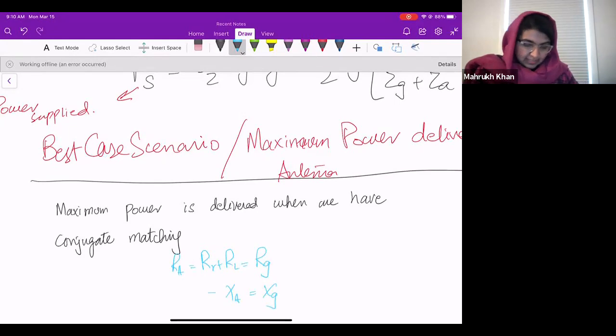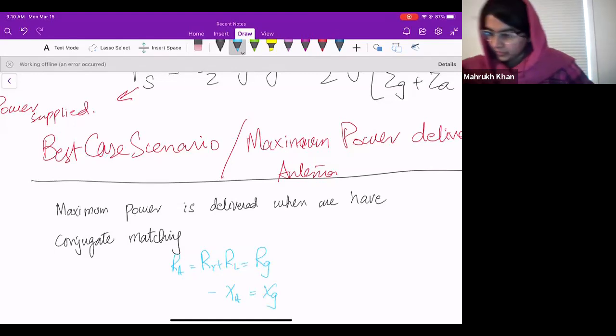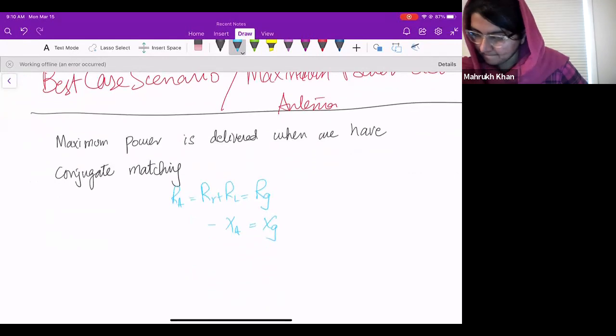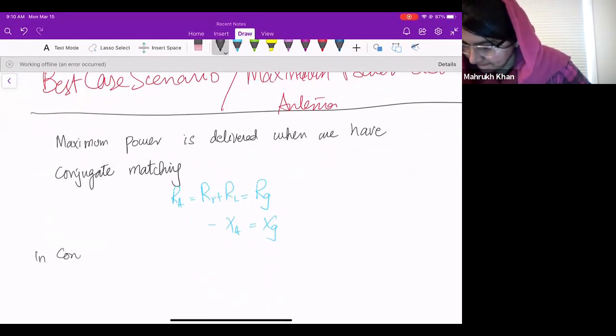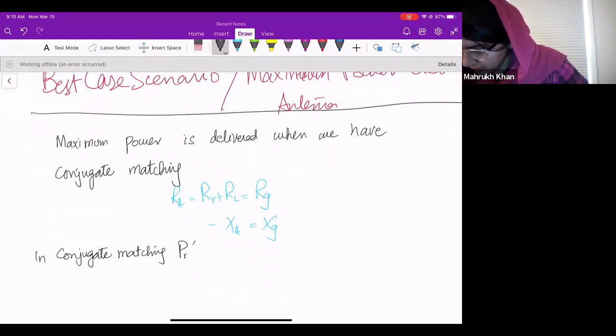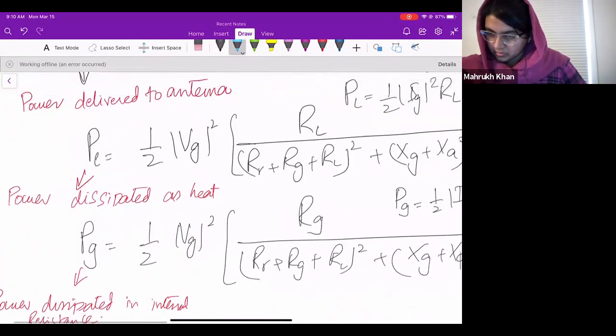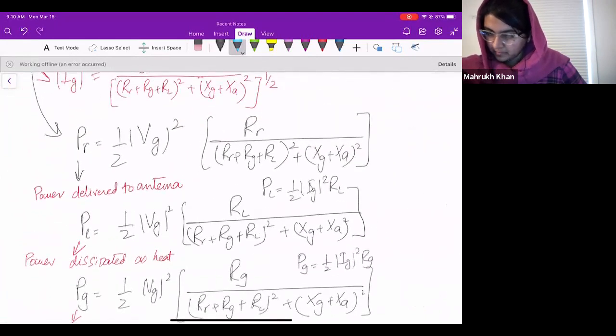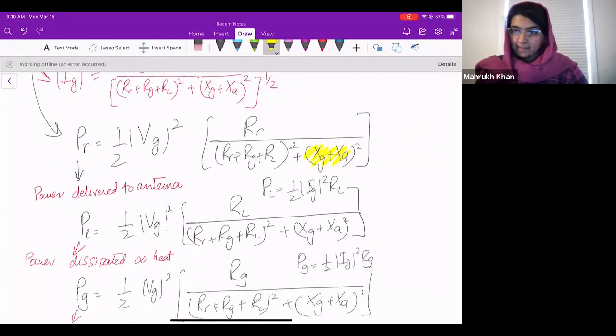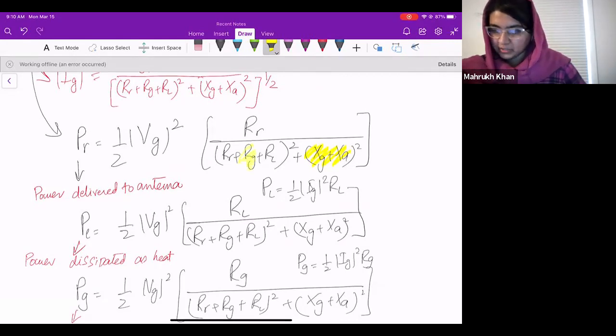Okay, so when you plug this into all the above equations, let's plug this into PR first. PR will be, if I go up here, this will go away because XG is equal to minus XA. And this will be RR plus RL. So this will become 2 times RR plus RL.